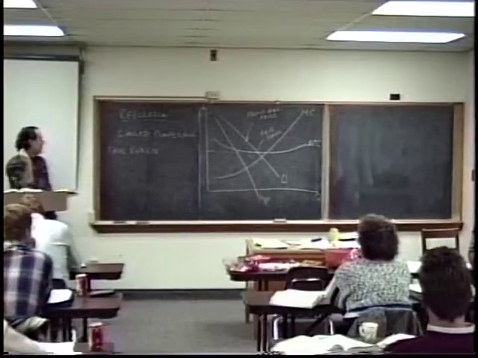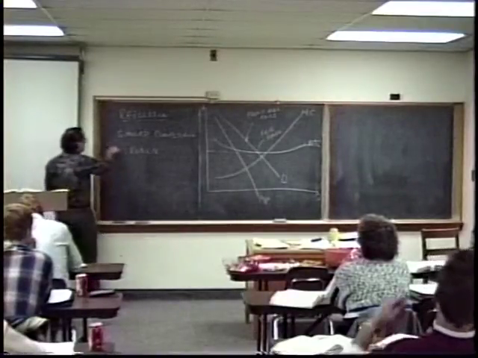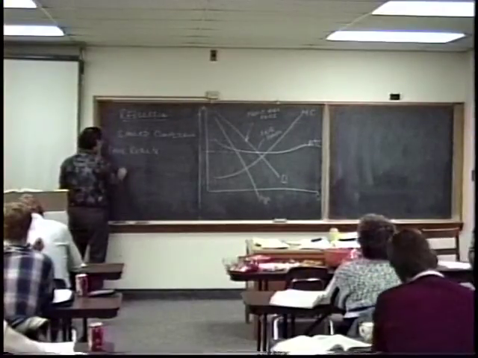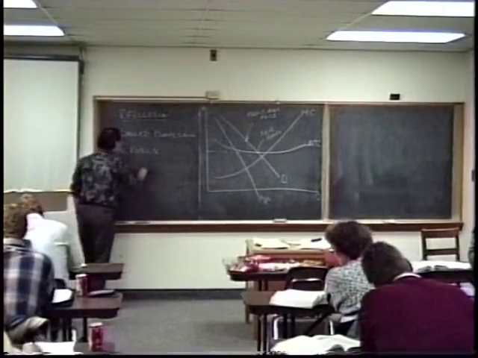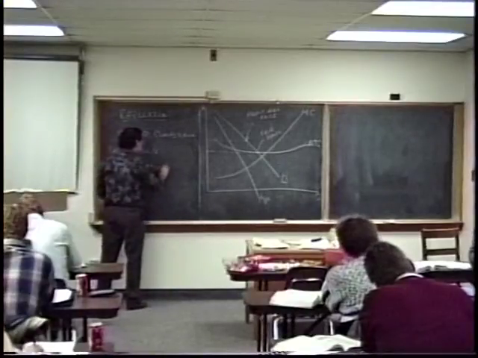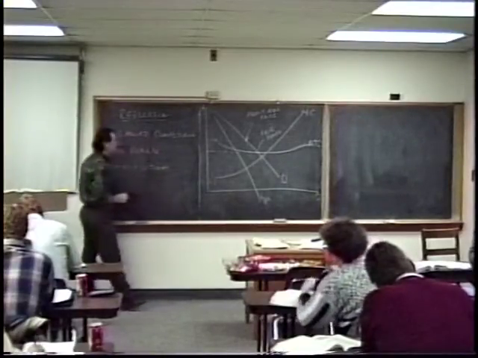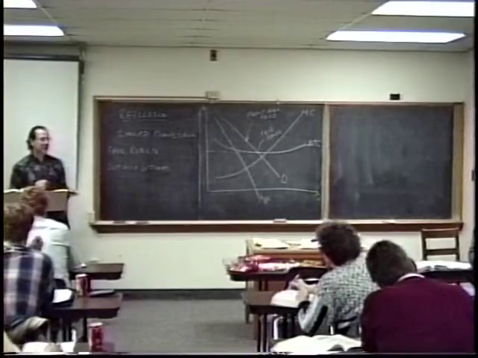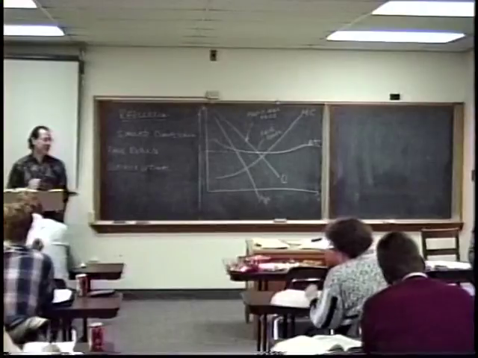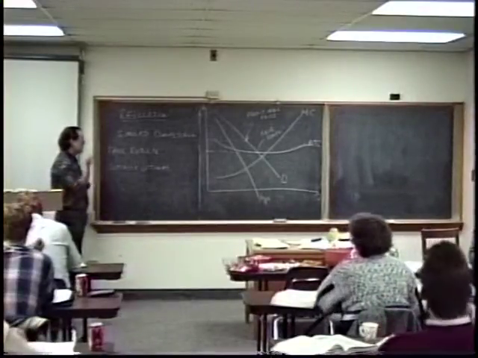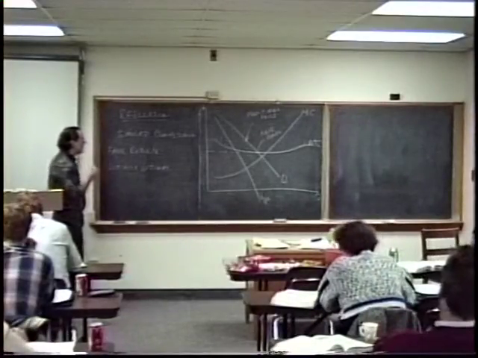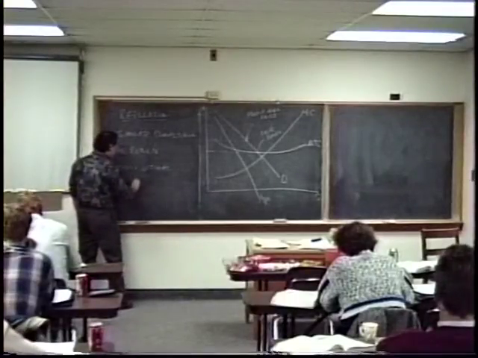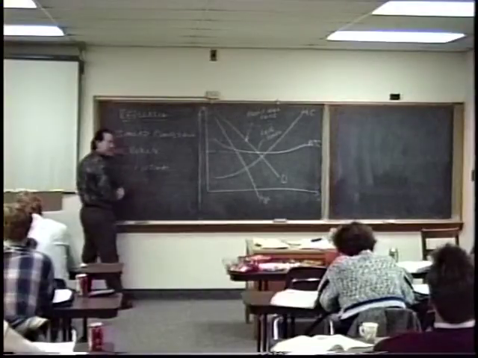There's a second way as far as regulation goes. It's called socially optimal price. And under socially optimal, when we looked at the purely competitive firm, what we saw is that the firm operated where marginal revenue was equal to marginal cost, right?